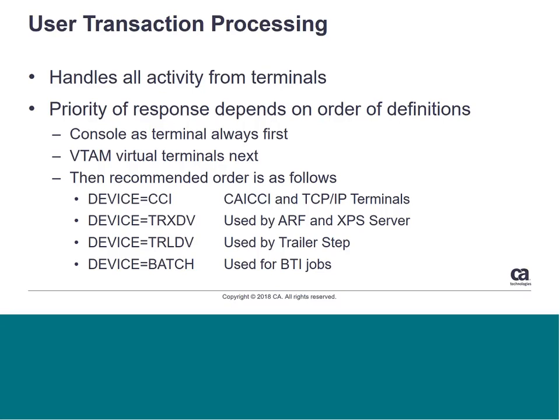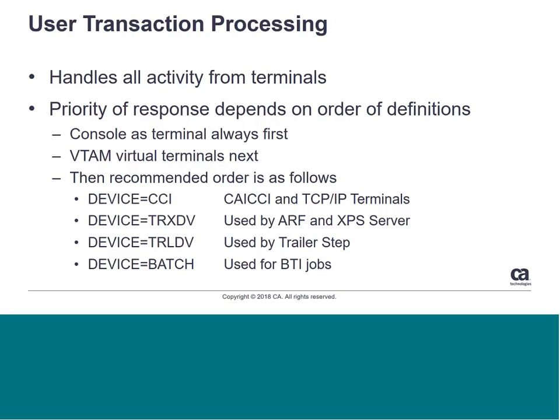You should always have your console group line and term definition first, followed by the VTAM virtual terminals that people are using, 3270 or through the web client, both of which use the VTAM virtual terminal numbers. So your group line and term definitions for the VTAM virtual terminals should immediately follow from the consoles. Look at your init deck to see if that's true.